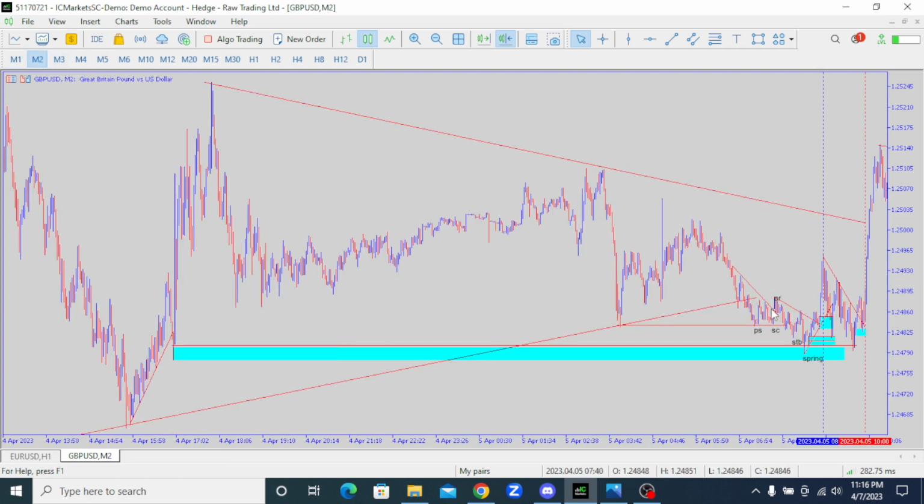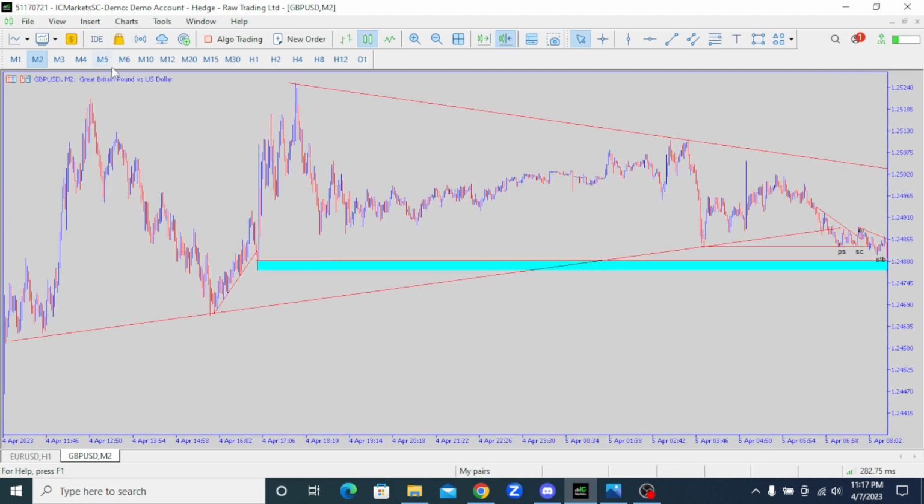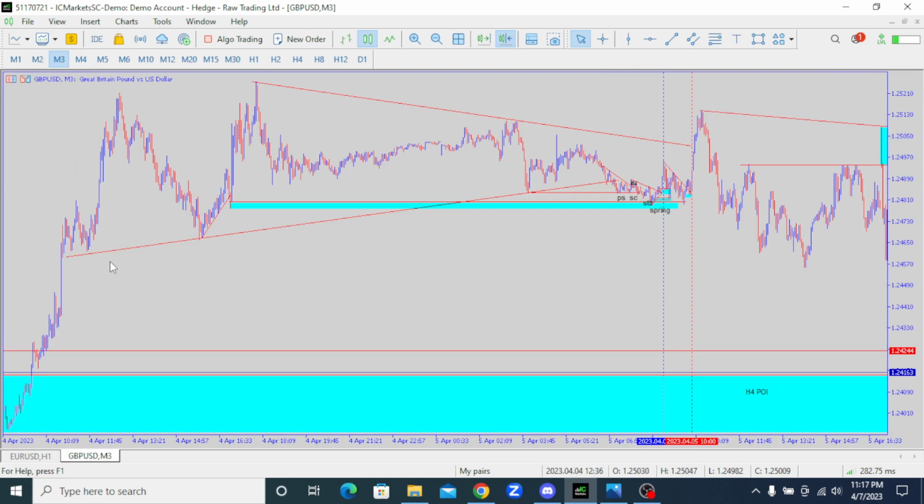And by the time this point of entry was mitigated, the price had already manipulated this trend line.